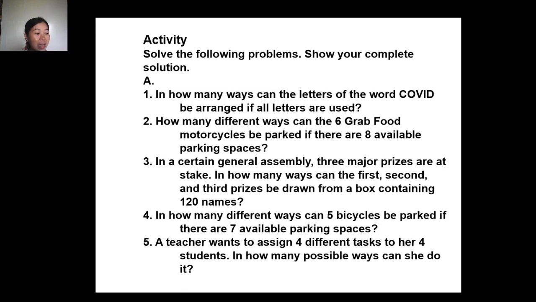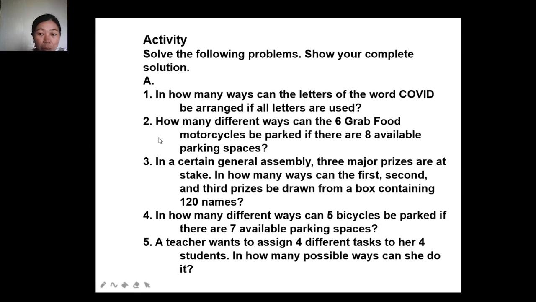Ibig sabihin, dun tayo sa unang formula. Ayun, distinct arrangement. Permutations with distinct arrangement. Okay, kaya lang dapat tama ang pag-identify natin ng value ng n at saka ng value ng r.